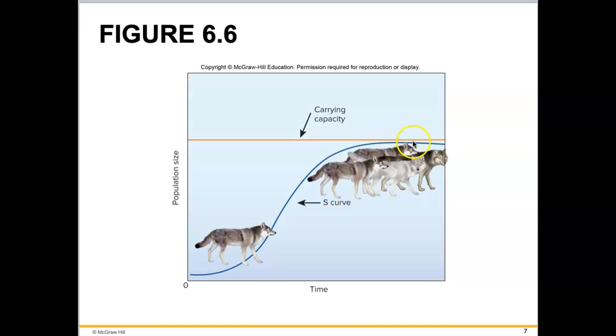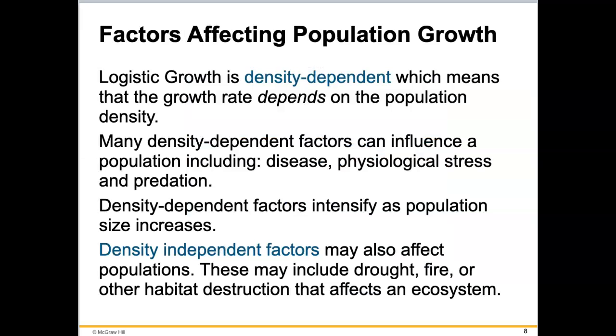Once they reach this carrying capacity, their reproductive rate will actually decrease, and animals will begin to emigrate, move out of the area, and try to find new food sources. This is known as an S-shaped curve. This is a much more normal population growth curve. Sometimes it's called the logistic growth curve, but we often just refer to it as an S-shaped curve.